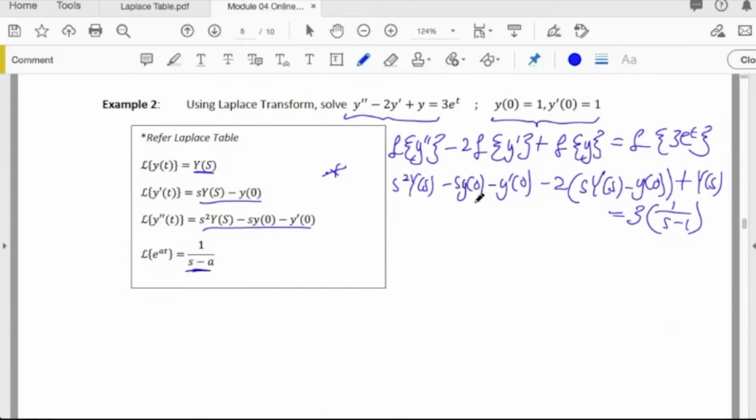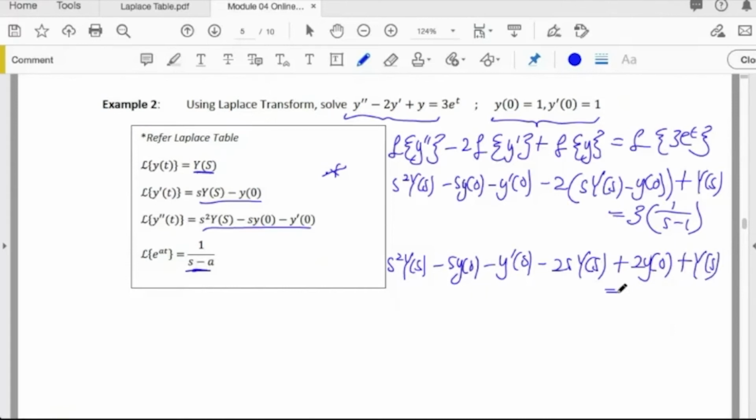Next we try to solve it. We have s squared Y(s) minus s y(0) minus y'(0) minus 2s Y(s) plus 2y(0) plus Y(s) equal to 3 over s minus 1.